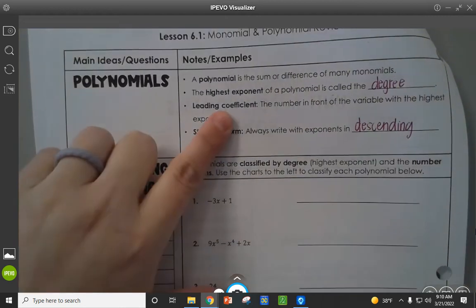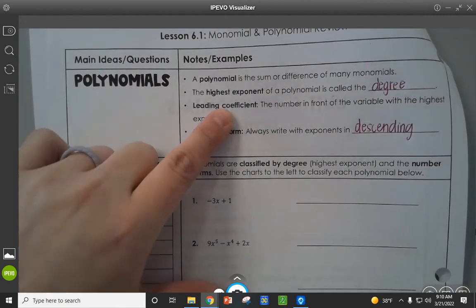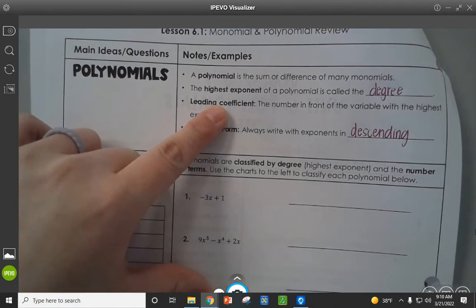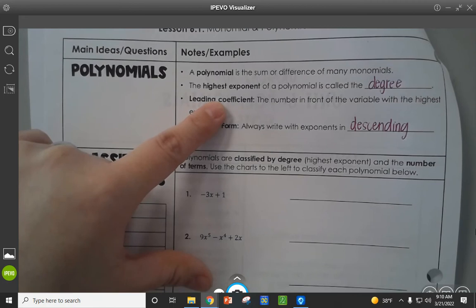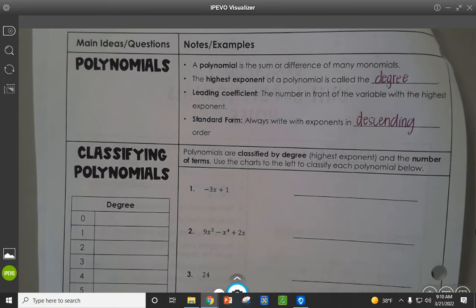So usually your leading coefficient is the number in the very front. But if your polynomial is not written in the correct order, it may not necessarily be in the very front. And so we name polynomials based on their degree and based on their number of terms.